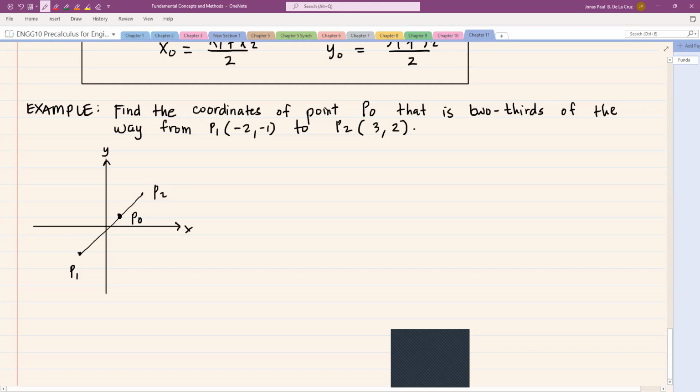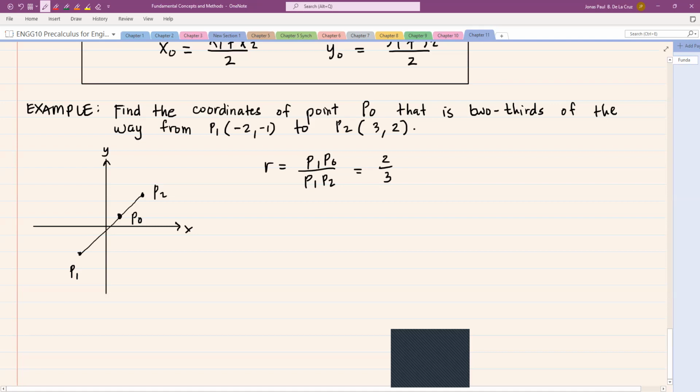R, since PO is between P1 and P2, we can expect na dapat R is between 0 and 1. Remember, R is P1PO over the total distance P1P2. So in this case, that is 2/3 kasi 2/3 of the way. Binigay naman na dito, PO is 2/3 of the way.